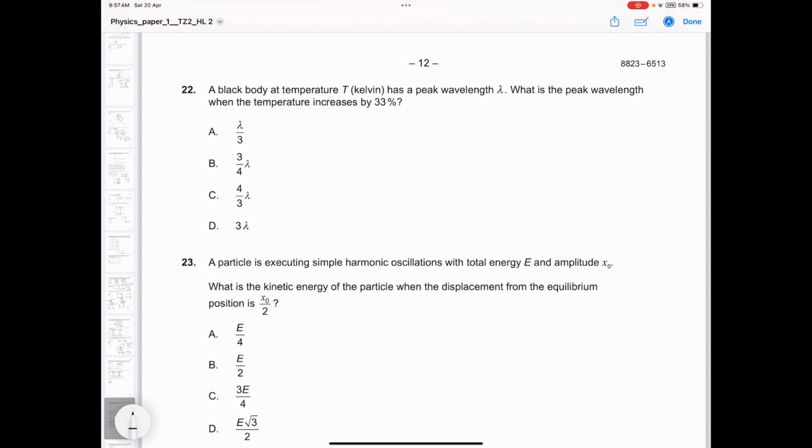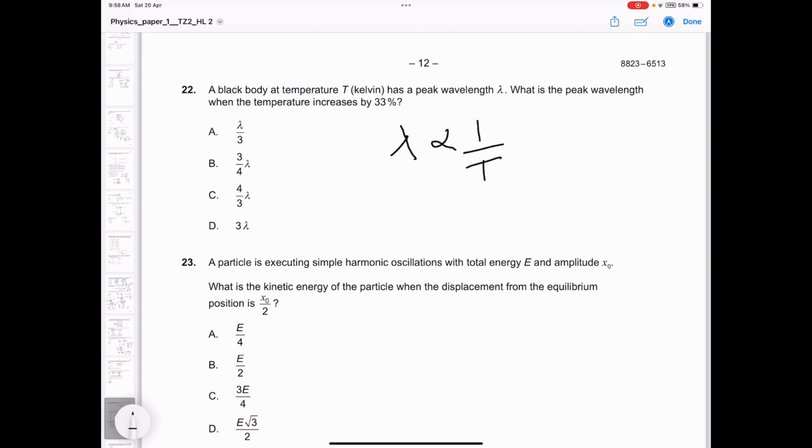Number 22. This is about a black body, T, which has temperature T and peak wavelength lambda. So you must know that this is a Wien's law question, and for Wien's law, the wavelength of the black body radiation is inversely proportional to the temperature.